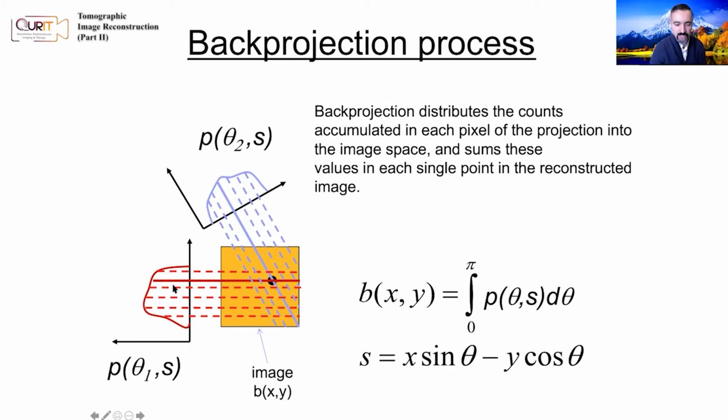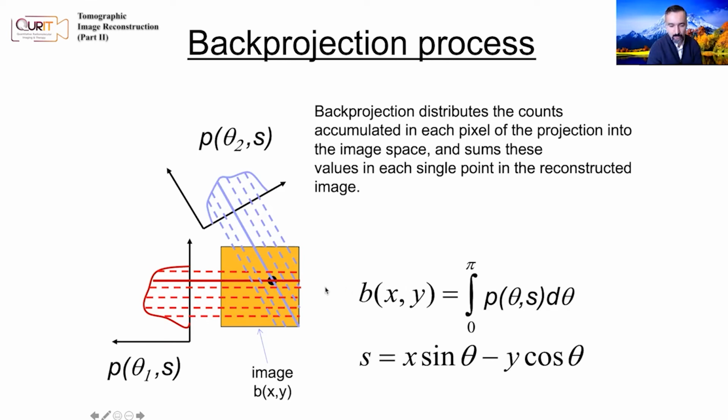So this is a projection at an angle θ1 for different S values, for different radial positions. This is a projection at angle θ2 for different radial positions. And back projection means basically summing these integrals up, or doing an integral over different angles.